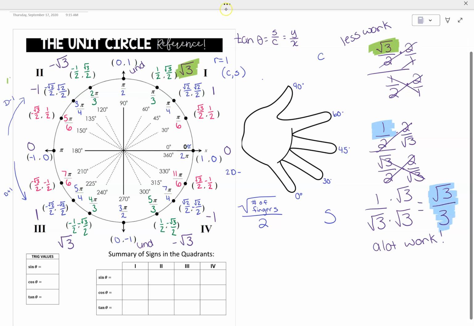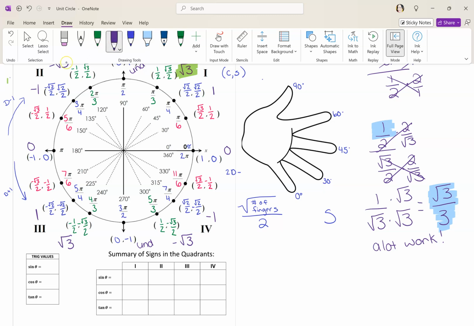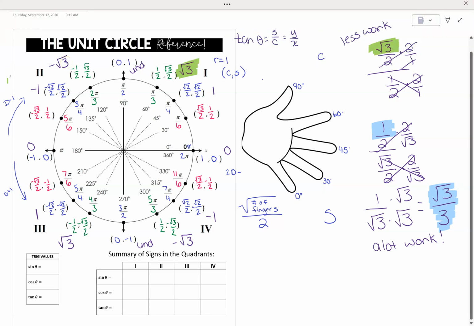It's a lot of work. Whether or not you want to memorize it that way is up to you. But if I see that sine is 1/2, then I know my tangent is square root of 3 over 3. When I know that my sine is square root of 3 over 2, then I know my tangent is square root of 3. So let's just go copy and paste. So this one over here would be a negative, positive, and then a negative.